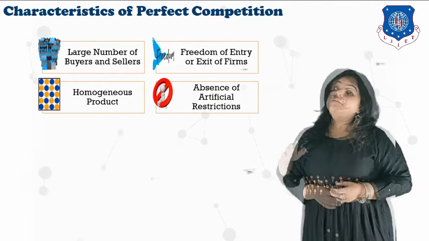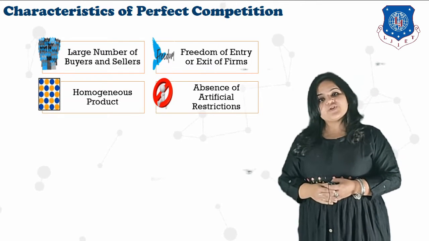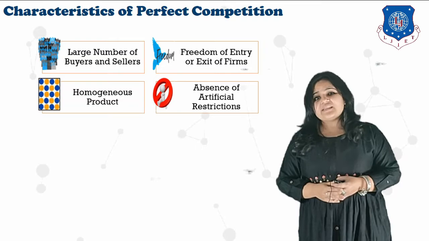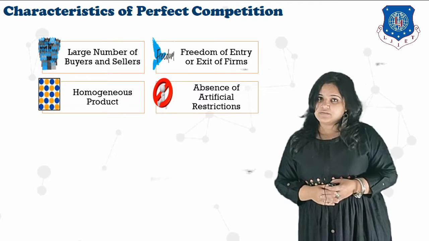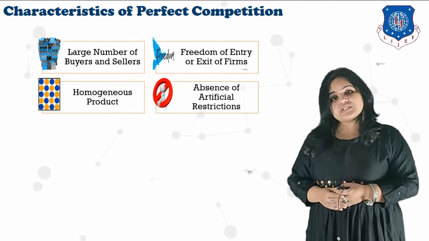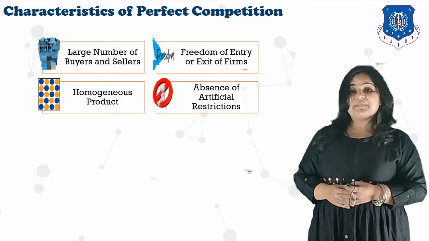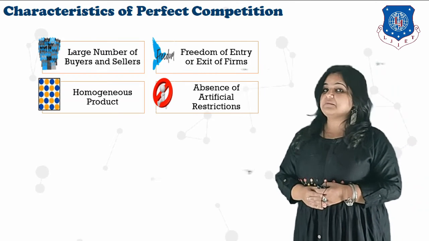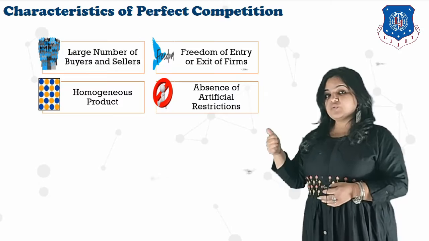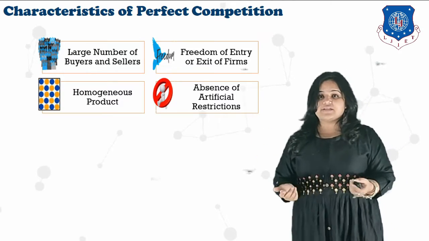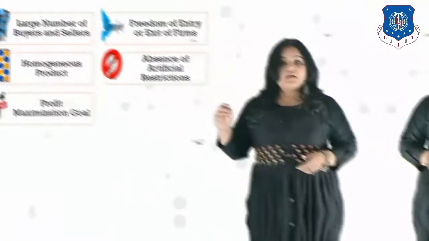One more thing, here there is an absence of artificial restrictions. There is no restriction on any seller about the quantity to sell or the price to sell. The price is automatically decided by the market. There are no artificial restrictions on sellers or buyers.